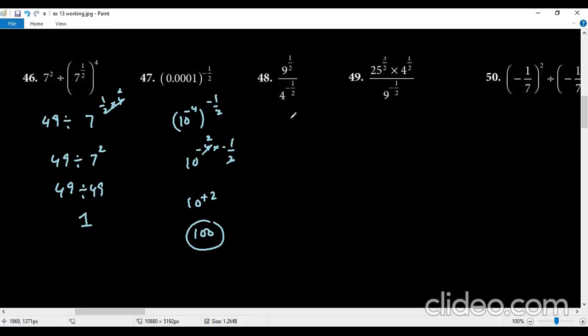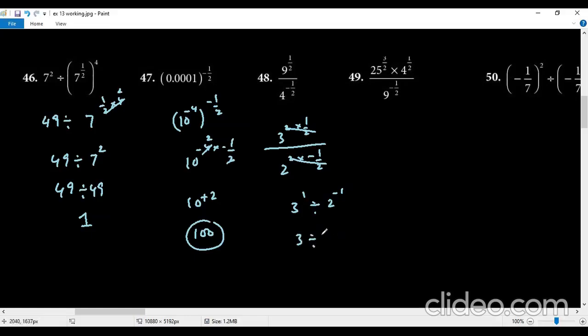When it comes to 48, this actually means that I can write 3 square times 1 over 2, and this is 2 square times negative 1 over 2. Division sign is in between, and 2 cancels and 2 cancels. That means 3 to the power 1 is divided by 2 to the power negative 1.